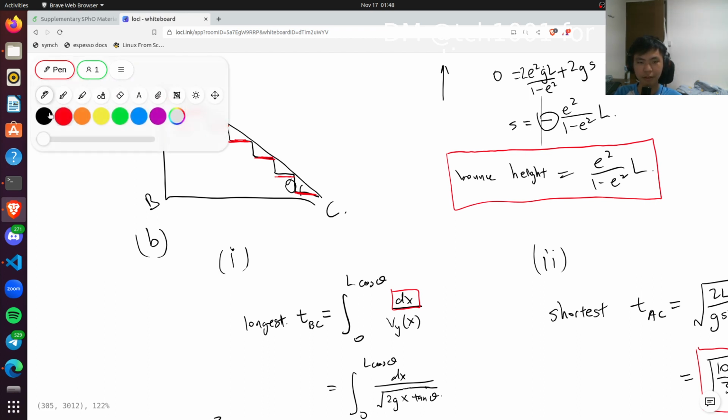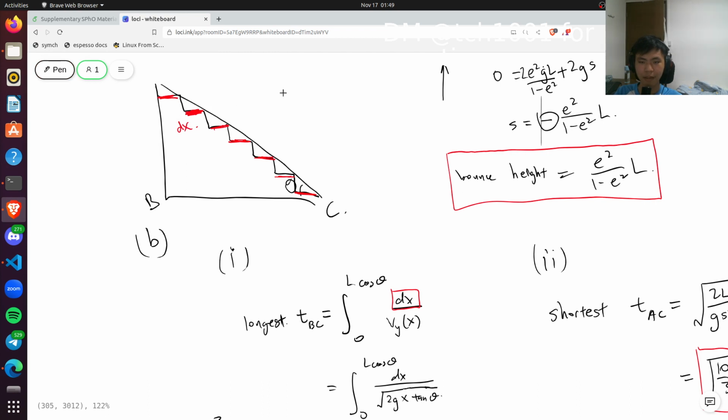It's distance over speed, so dx over the speed. The speed in this case is purely horizontal, so I'm going to call it Vx. But remember, Vx is a function of position, because as you go further and further down the horizontal axis, the speed here at the first one is going to be very different from the speed further down.